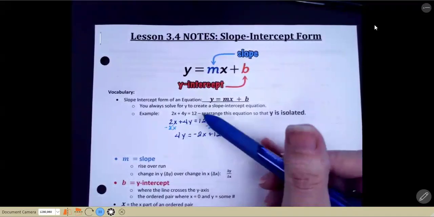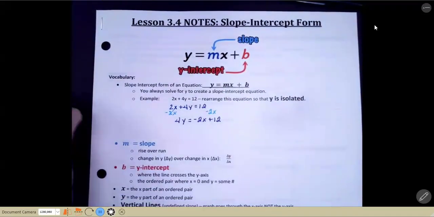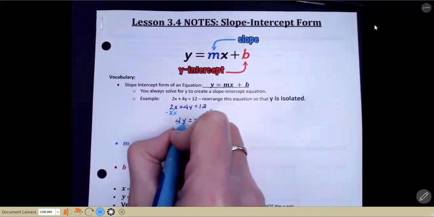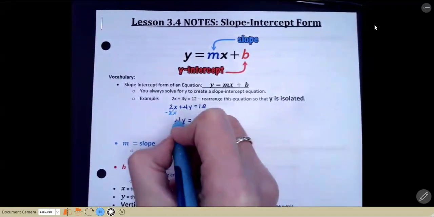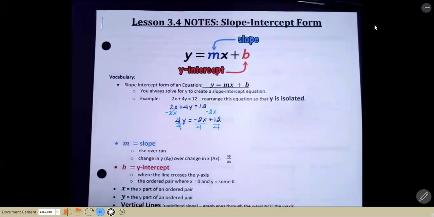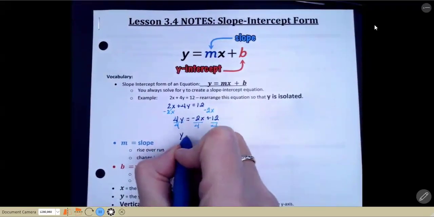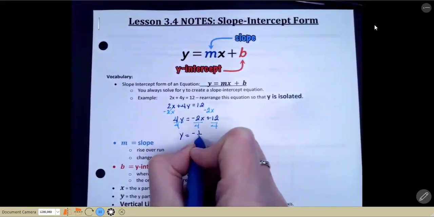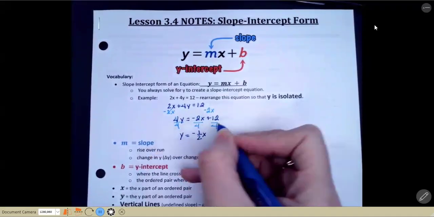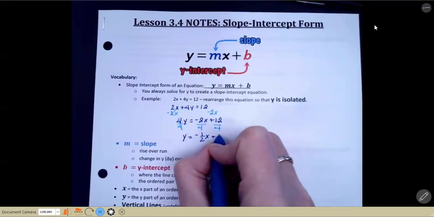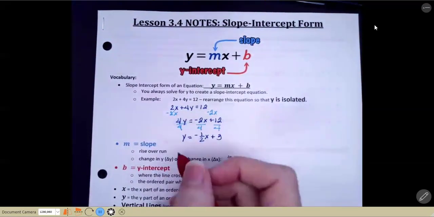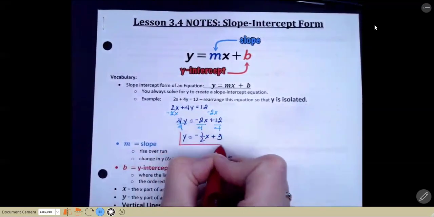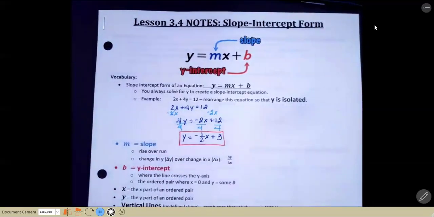It's not all by itself. It still has that 4 attached to it. So we have to get rid of that 4 by dividing every term in the equation by 4. And we end up with y equals negative 1/2 x, and yes, we do need to reduce these, plus 3. And so this is your equation in slope-intercept form.